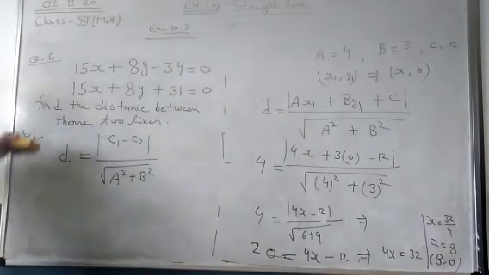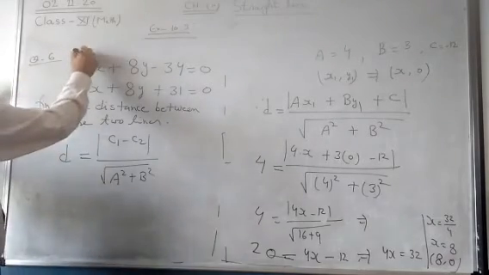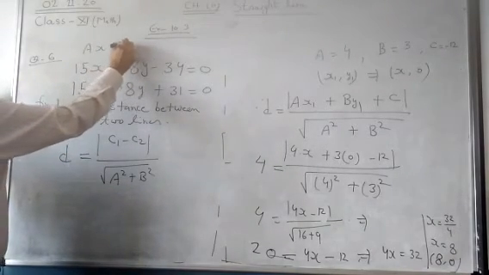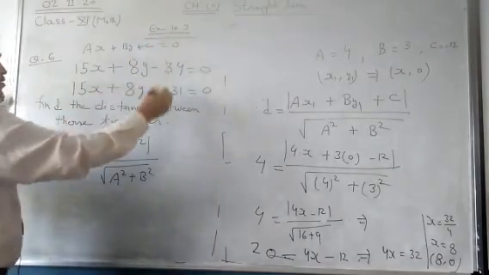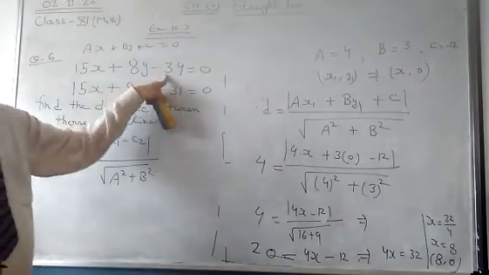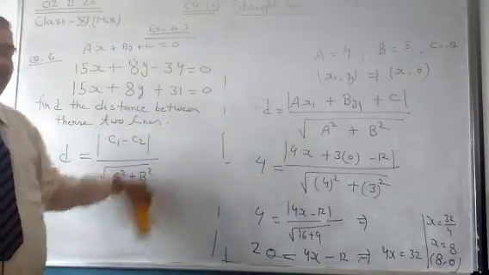Therefore, for both lines, a equals 15, comparing with ax plus by plus c equals 0. So this is c1 for the first line. This is c2 for the second line.